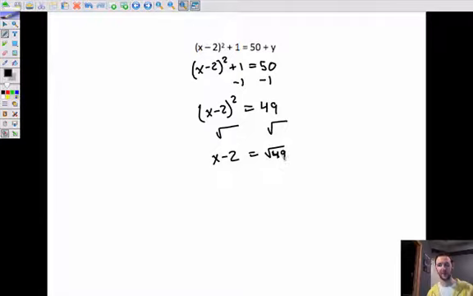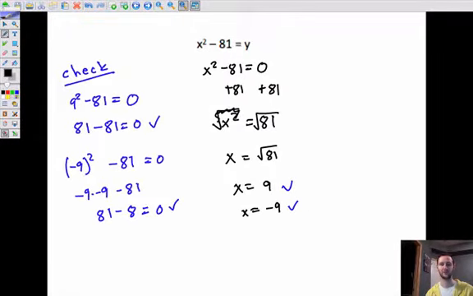Square root of 49 has two answers. So this could be x minus 2 equals positive 7, or this could be x minus 2 equals negative 7. There are two possible answers, just like here there were two possible answers, and here there were two possible answers.